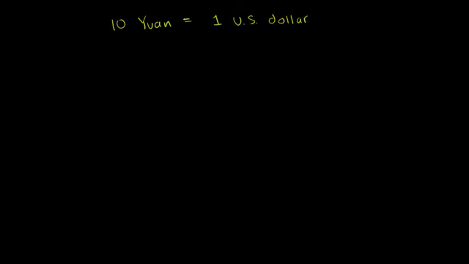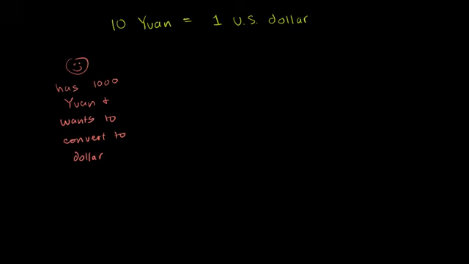But let's say we live in a reality where there are, let's say someone has 1,000 yuan. So let's say that this person right here has 1,000 yuan and wants to convert to dollars.